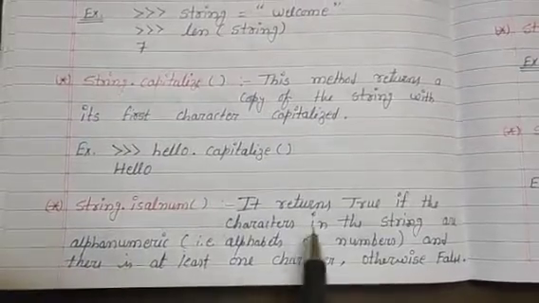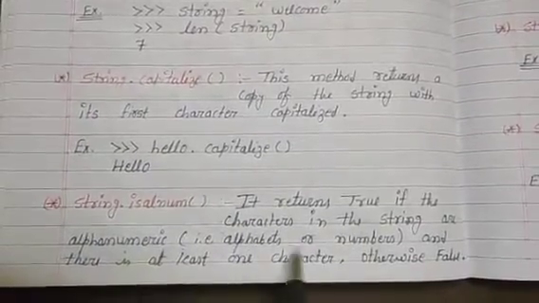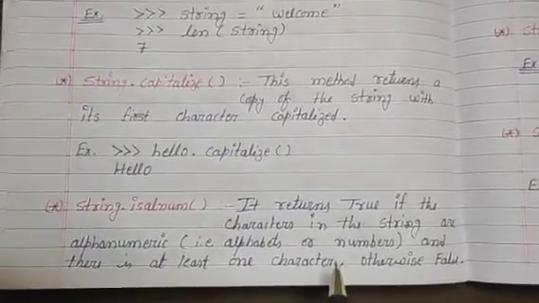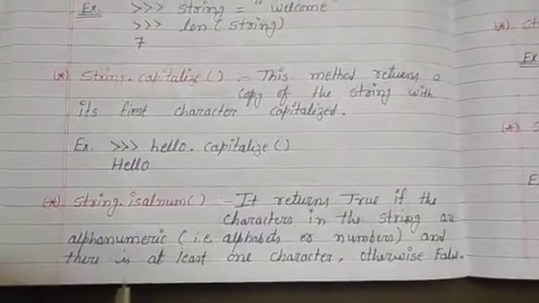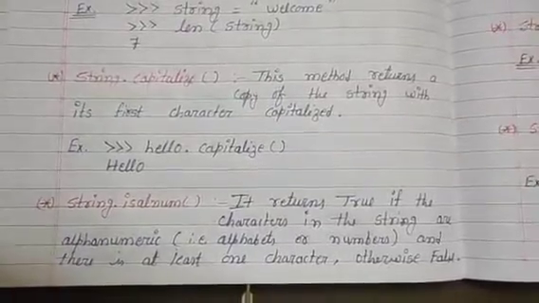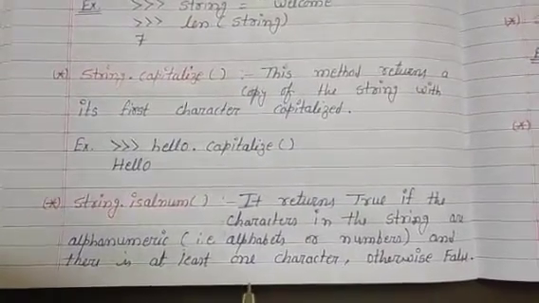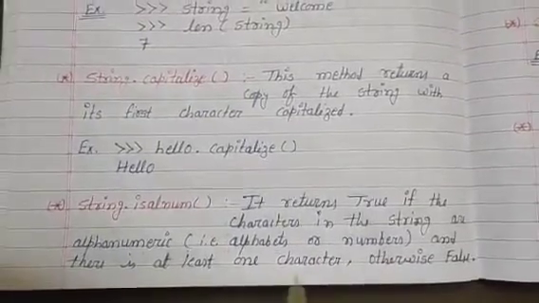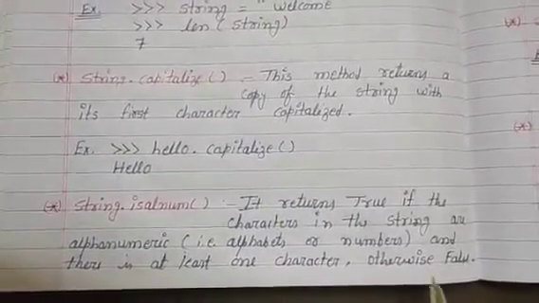This function is used to check alphabets and numbers in the string, and one condition is that there is at least one character in the string. So the string is not empty, and then it checks alphabets and numbers. If the string is empty, then it returns false.